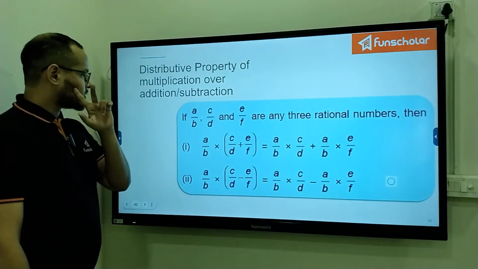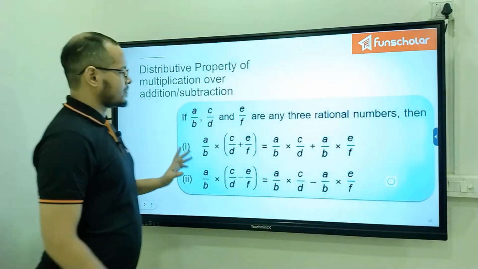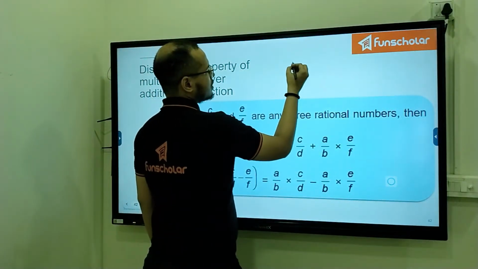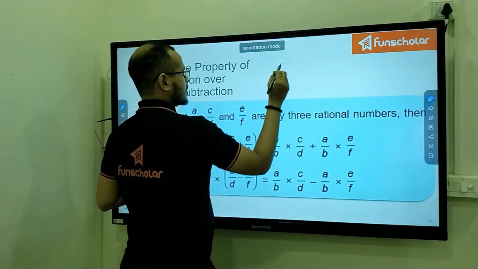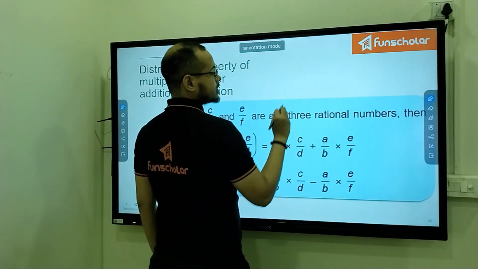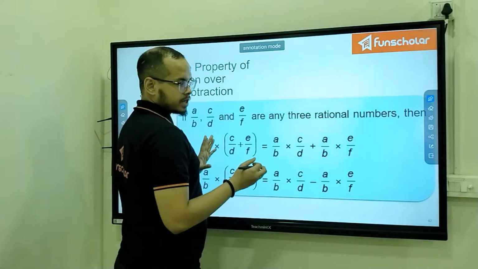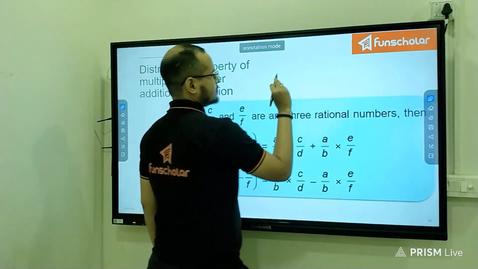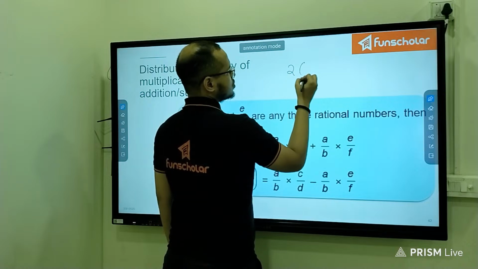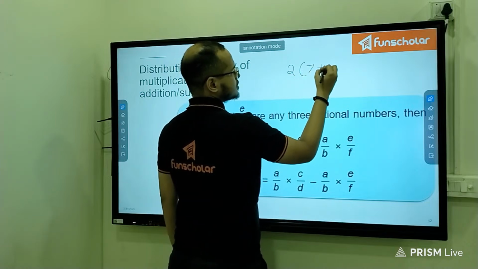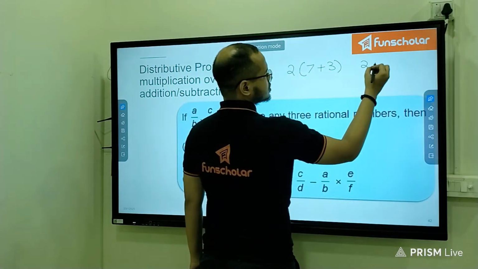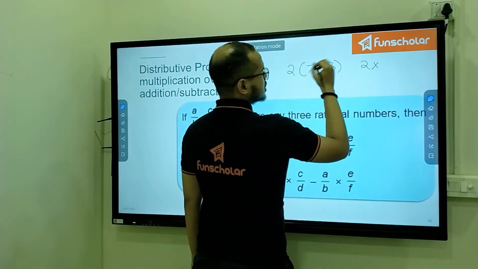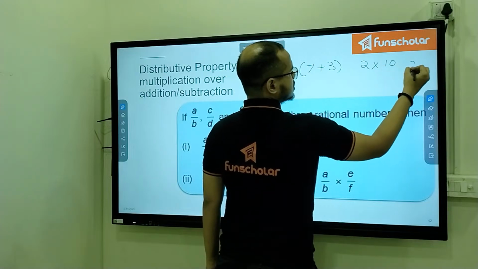Now comes the distributive property. What is distributive property? Let me give an example. Let's take the easiest one, but not even with rational numbers. Let's take it with natural numbers only first. If I say 2 into 7 plus 3, we solve the bracket first. 7 plus 3 is 10, answer is 20.